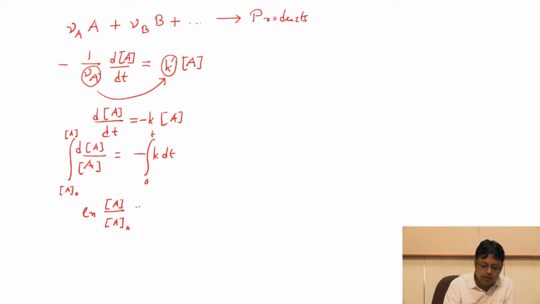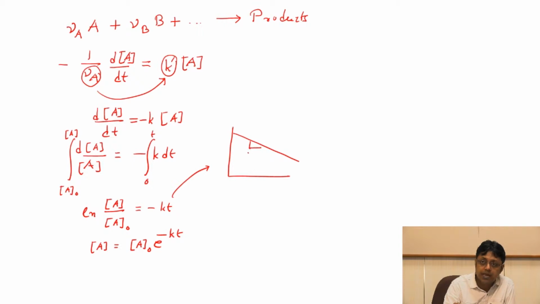So you'll have ln A by A0 is minus Kt, or in exponential form, A is nothing but A0 into e to the power minus Kt. If you plot ln A by A0 versus t, you'll have a linear plot where the slope will be equal to minus K.